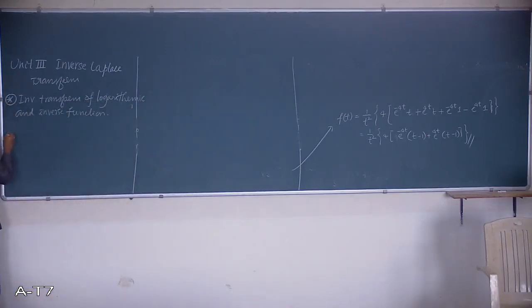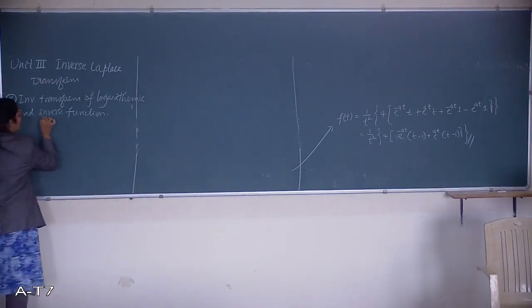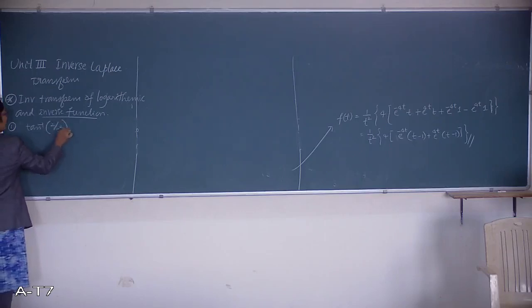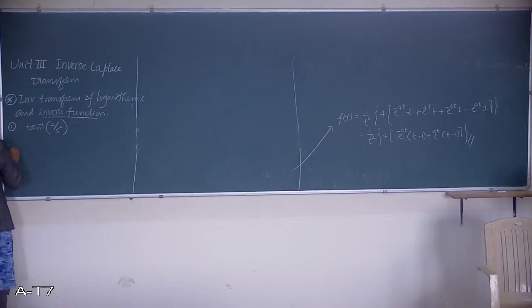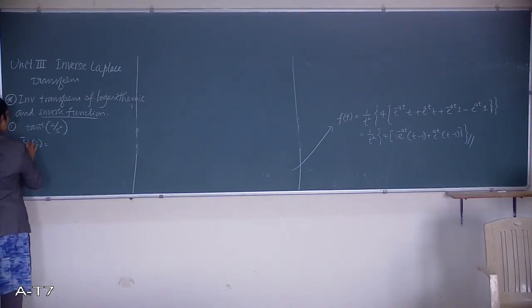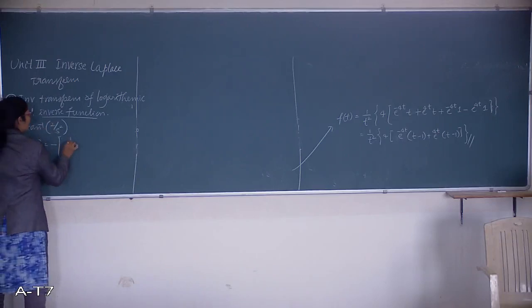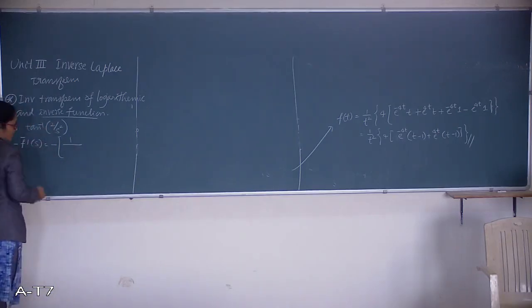Next one, now inverse function I will be taking, in that tan inverse 2 divided by s square. So what we do is, first we differentiate this, f dash bar of s, minus sign is there, is equal to minus sign, then it is, see its differentiation is 1 divided by 1 plus x square, it is like that.